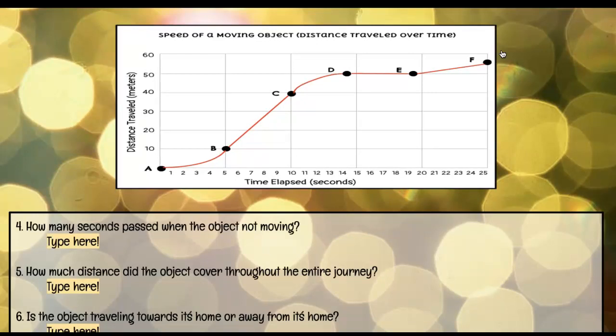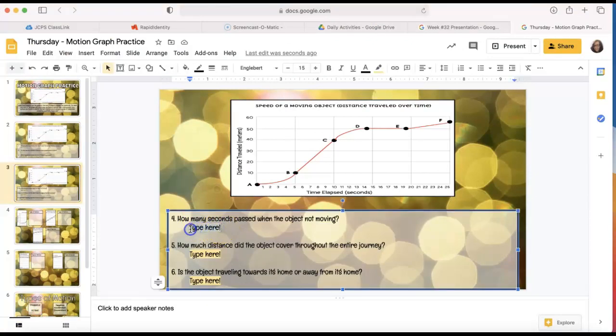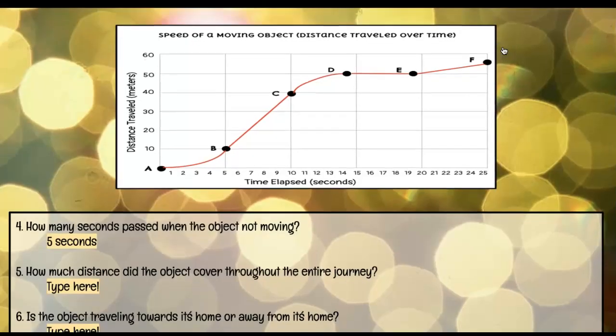Next, we have how many seconds passed when the object was not moving. It looked like it stopped moving at 14 seconds. At 15 seconds it wasn't moving. 16, 17, 18, 19. So that was a total of 5 seconds that the object was sitting still. So you'll put 5 seconds for number 4.